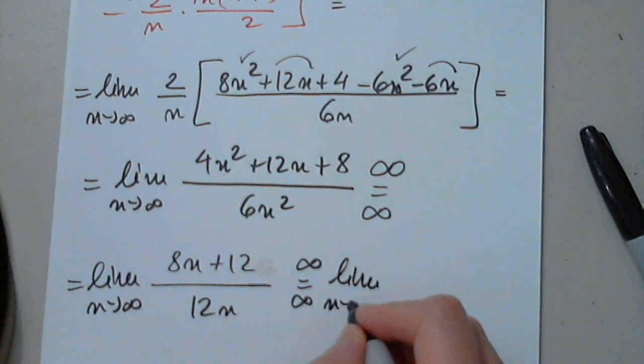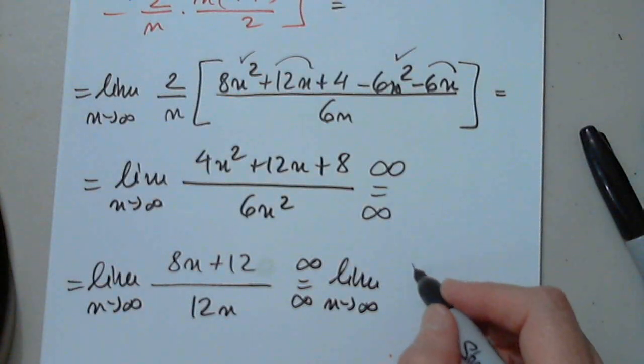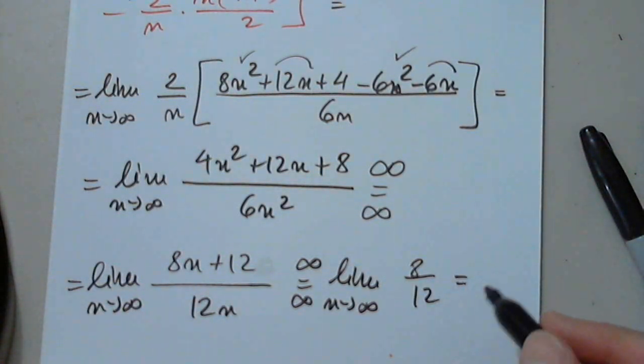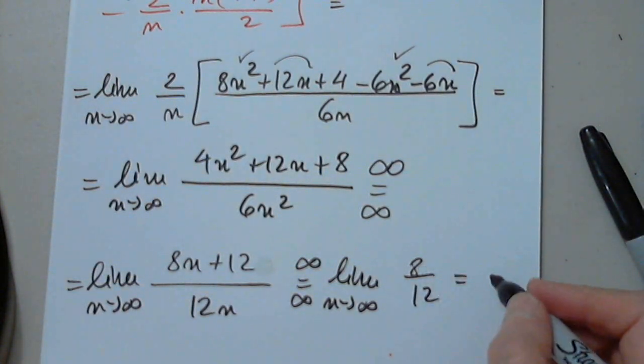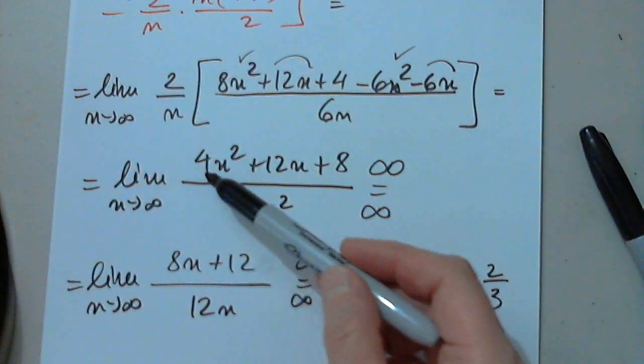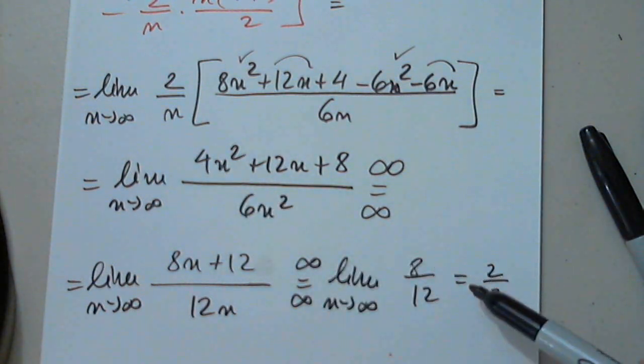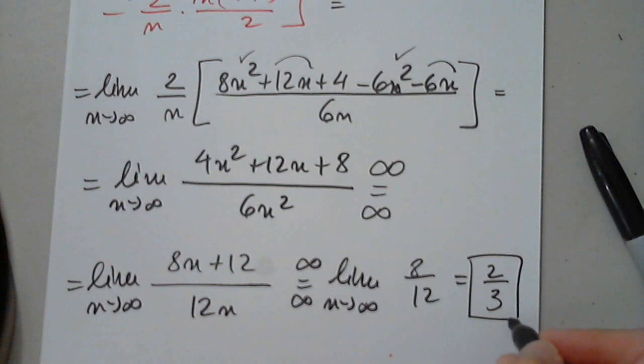So the limit as n approaches infinity is 8 divided by 12, which simplified by 4 gives us 2/3. 4 over 6, 2/3. So this is the area.